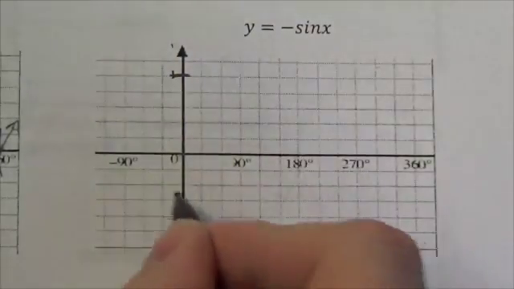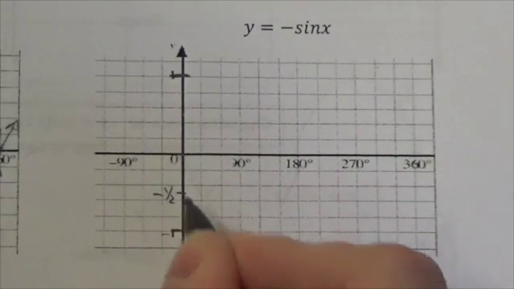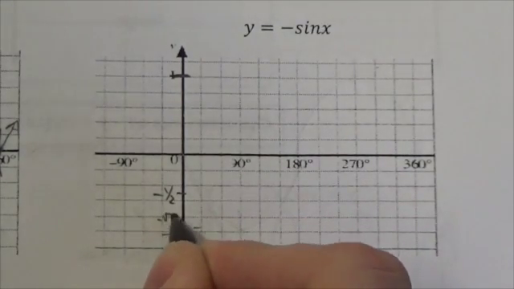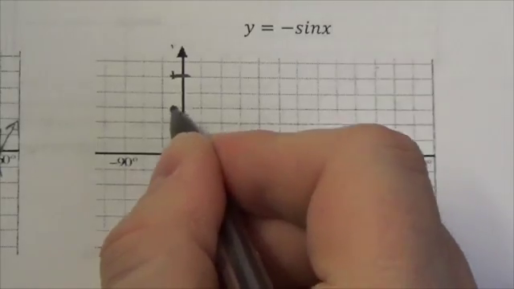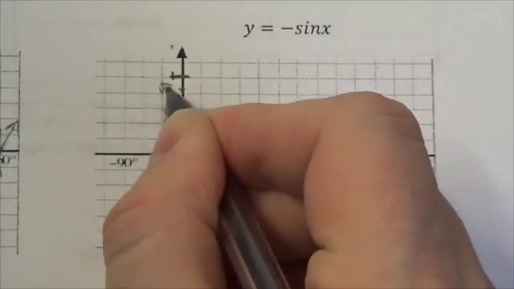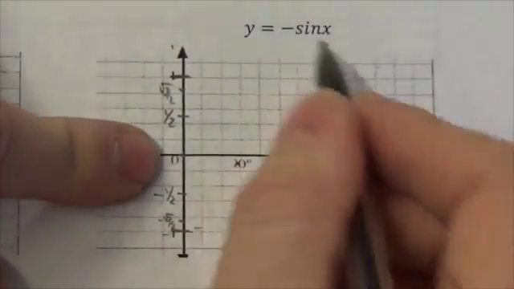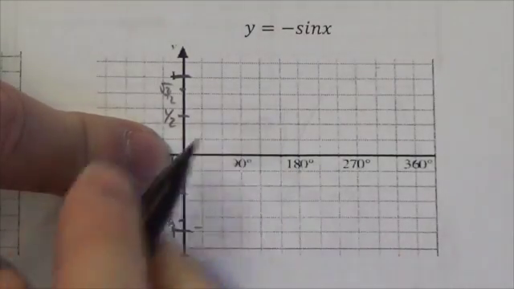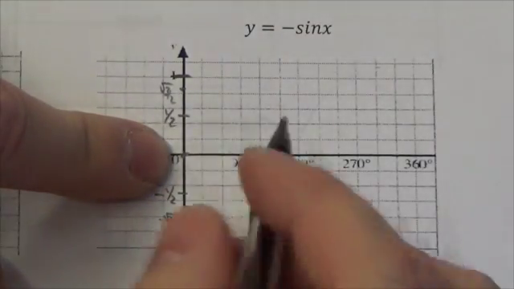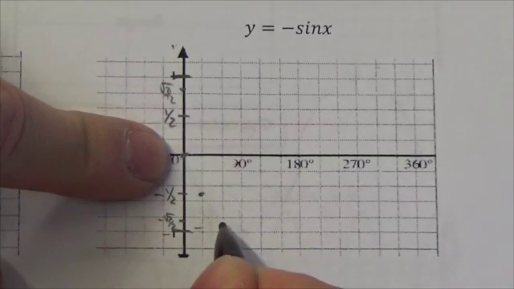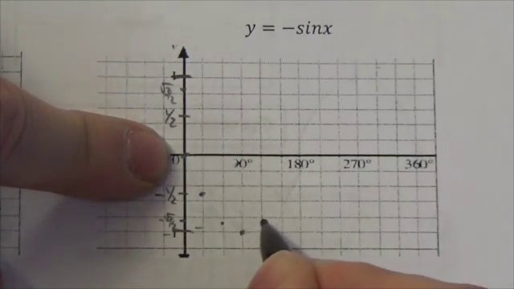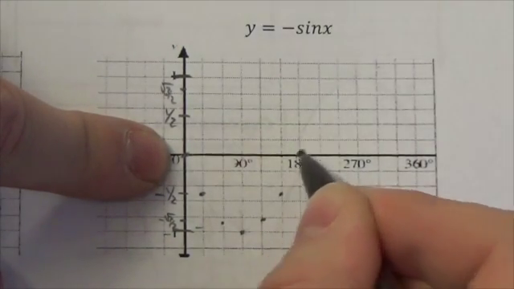So now I'm going to put my little scale on here again. So here's my 1/2, -1/2, then out here, negative root 3 over 2. This will be positive 1/2 up here, positive root 3 over 2. But this time, because of the negative sign, instead of going up and then down again, this is going to go down first. And then it's going to start to come back up.